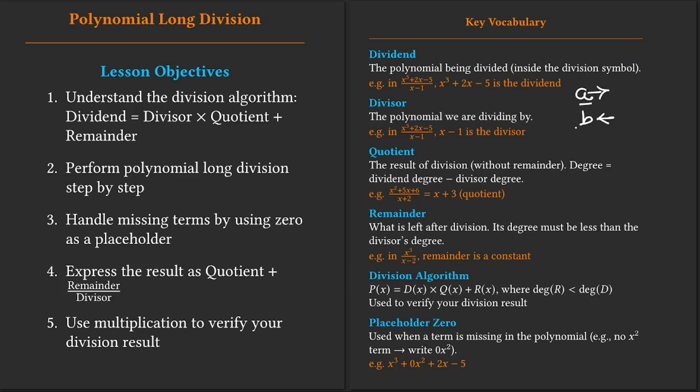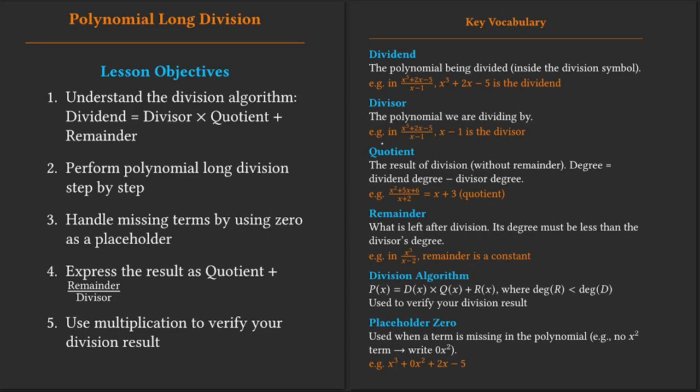So the denominator becomes your divisor. So for instance, if you have this same example, x cubed plus 2x minus 5 divided by x minus 1, this is our divisor. Now, after you divide, the whole number you get, we call it the quotient.